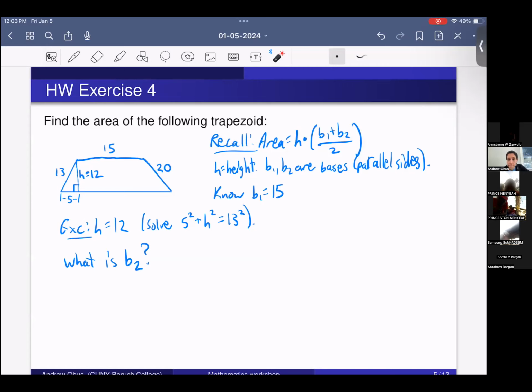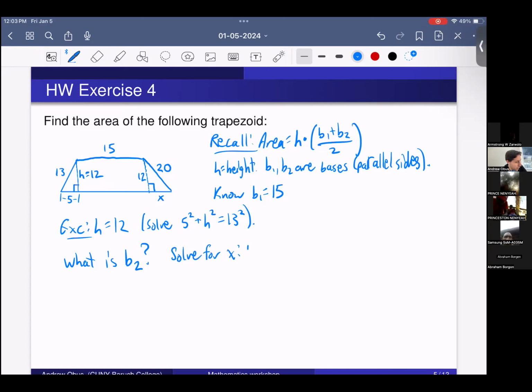Let's say from the corner, the angle between 15 and 20, we draw a line there to hit B2. Okay, great. Then we have a right angle there. Exactly, so that line will also be equal to 12. That is the height.